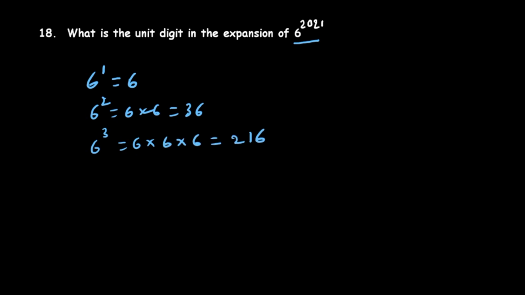So if you observe here, every number ends with the digit 6. That means already we have discussed, 6 power n should end with the digit 6. So 6 power 2021 should end with the digit 6. Okay, next question.